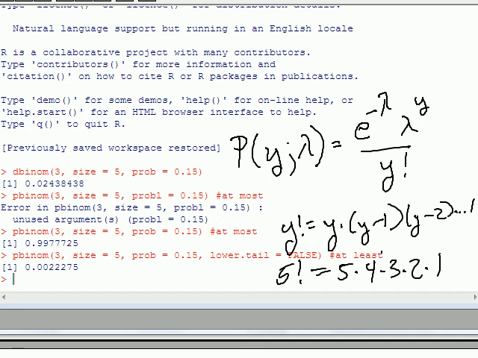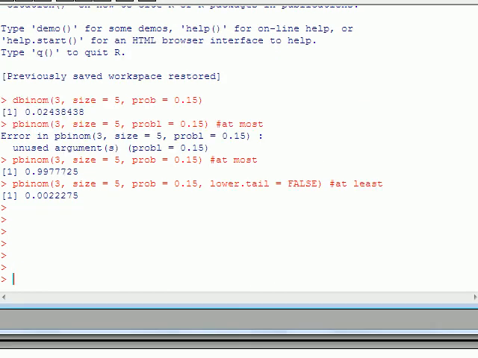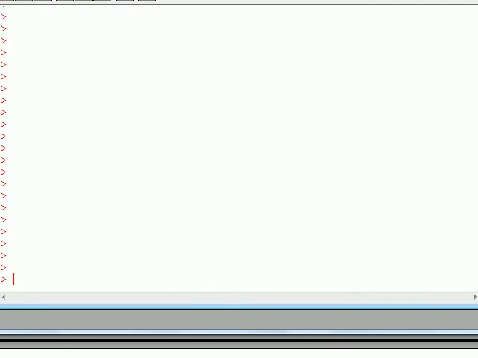Okay, so how do you do this in R? So in R, if you want to find a particular y value, let's look at finding the Poisson probability. Let's say that the average number of babies born in a hospital is 12 per night.